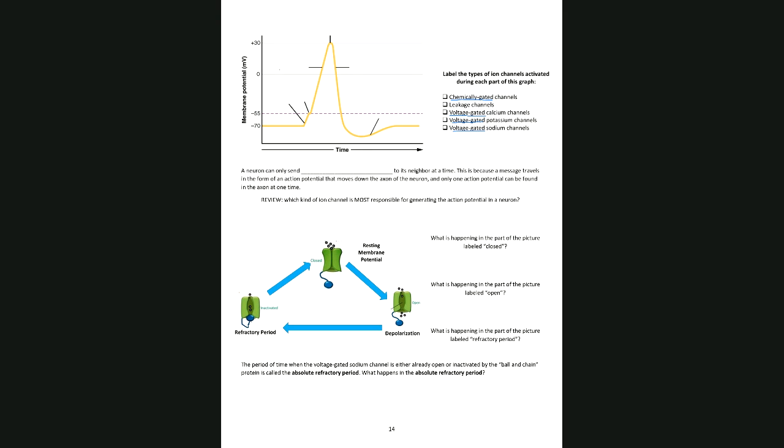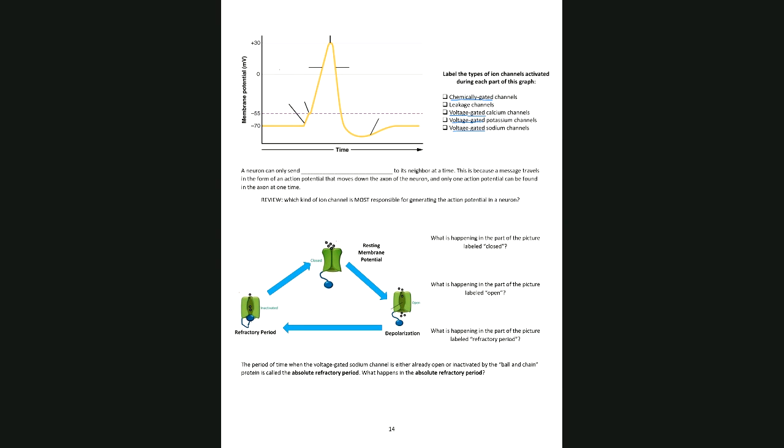For the chemical gate, they need some signal. Yeah, and so what did we say was the name of the kind of signal that neurons use to talk to each other? Neurotransmitter. Exactly. So chemically gated means I open with a chemical.